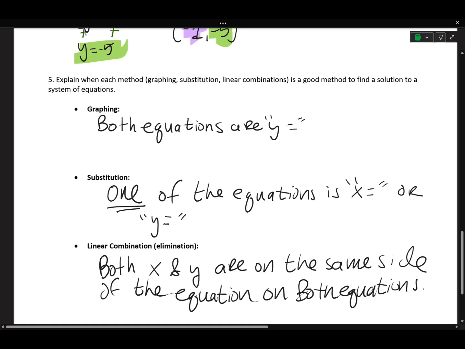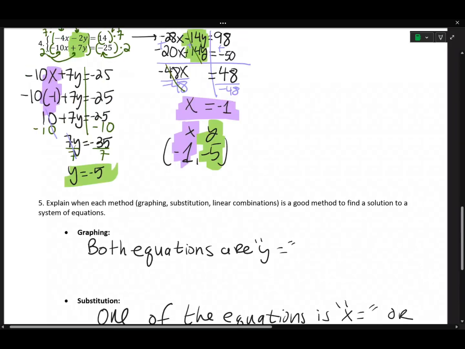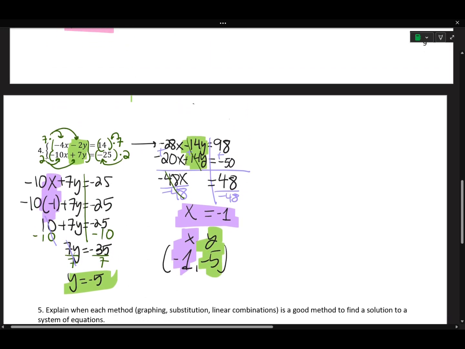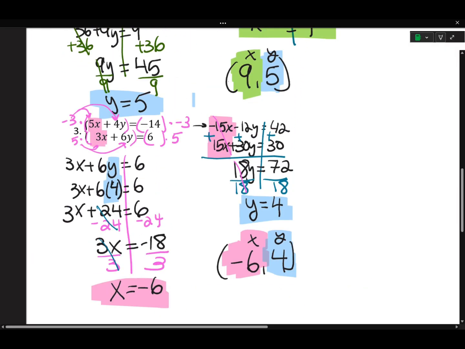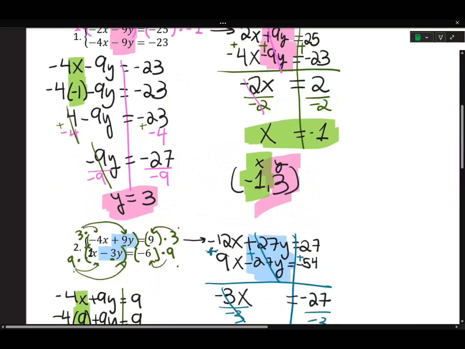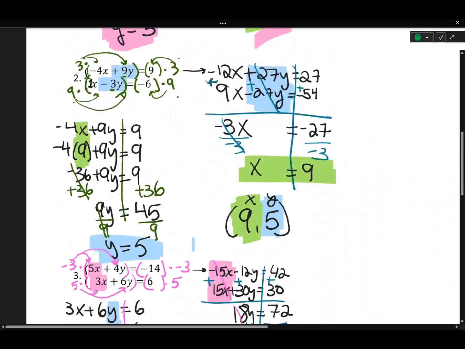And what I mean by that, I know it's a lot of words, is like the ones we've been dealing with. X and y are on the same side in both equations, right? They're both on the left.